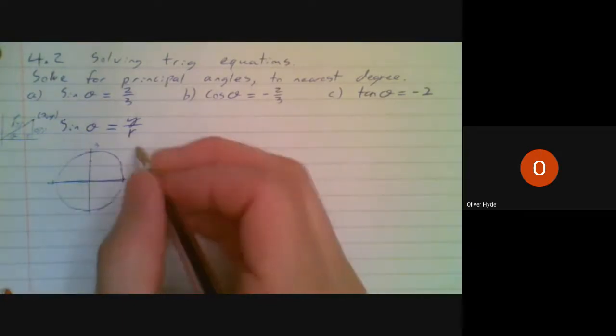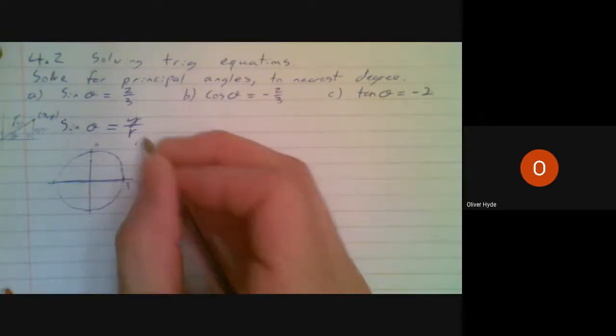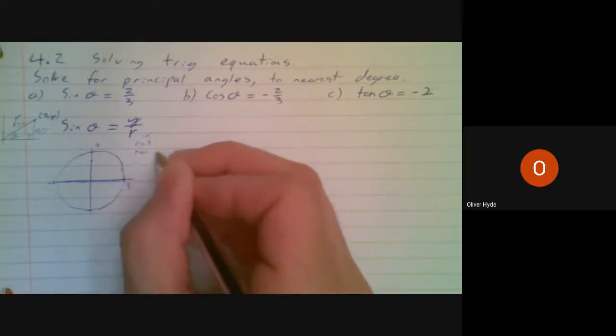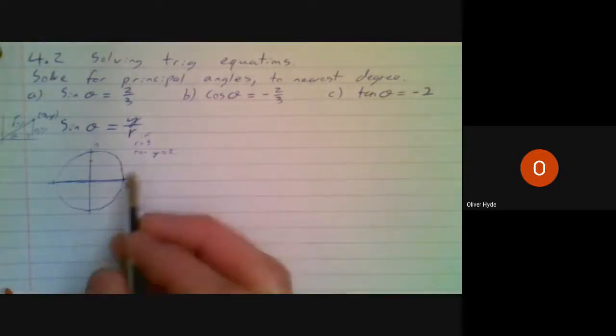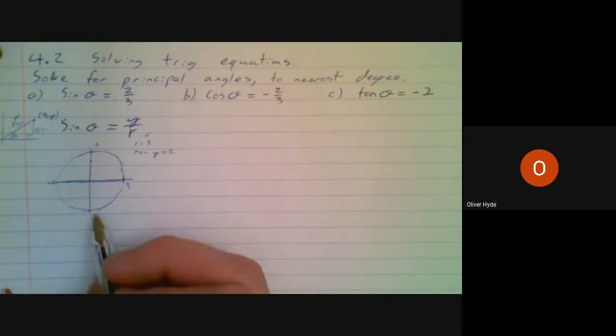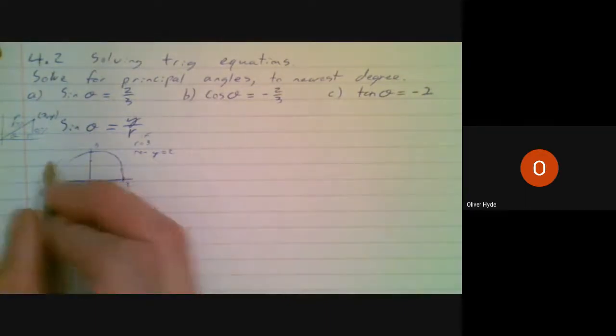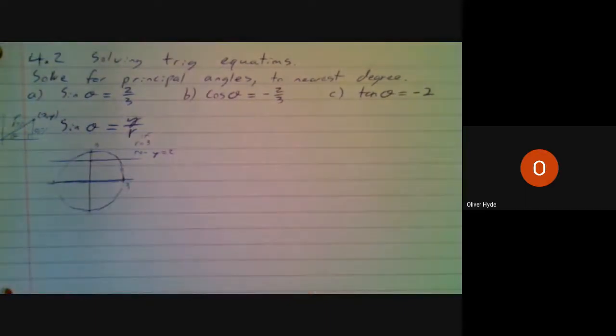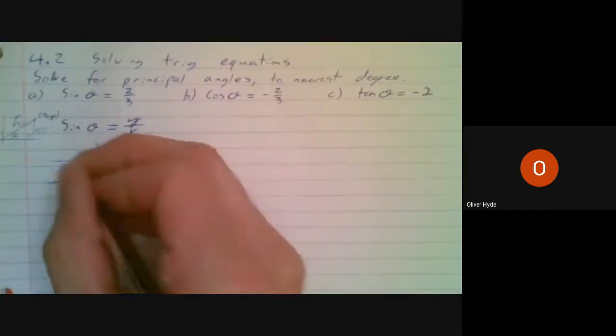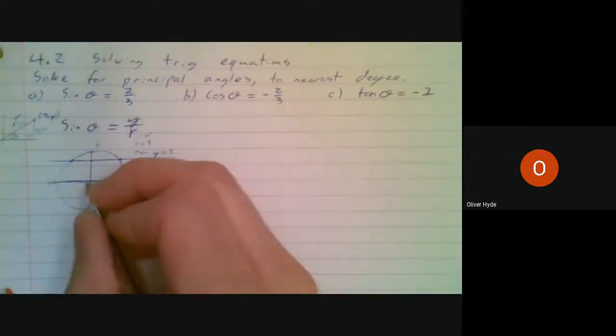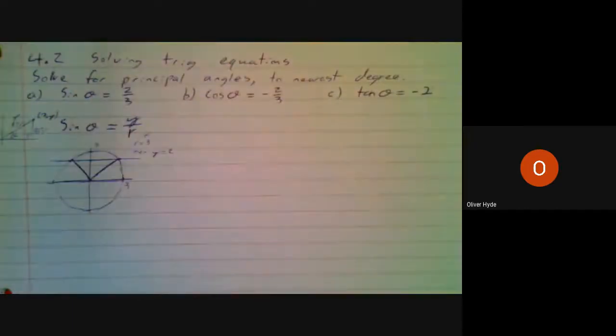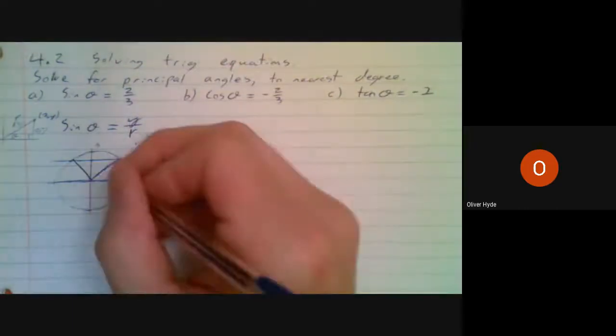I sometimes visualize saying that if r is 3, then y is 2, as saying, let's draw a circle that has a radius of 3, and let's draw the horizontal line y equals 2. And if you look at the points of intersection of your line and your circle, if you draw terminal arms from the origin to those points, you will have found your two principal angles.